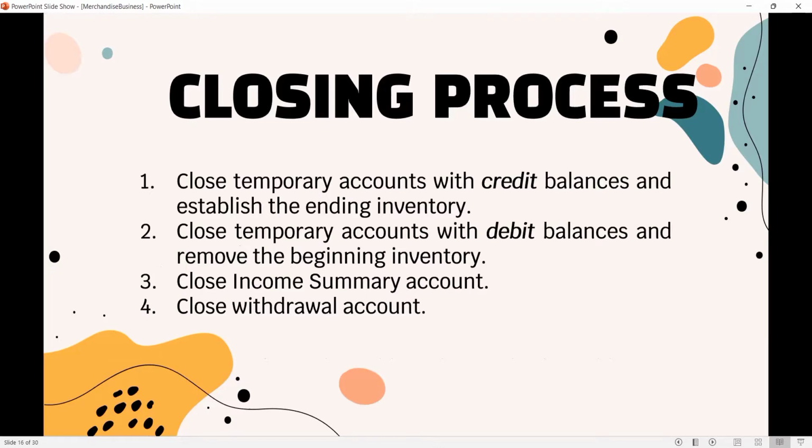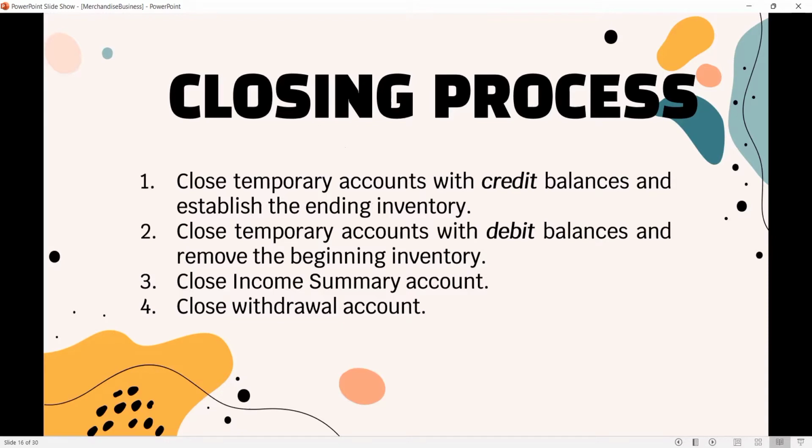In the closing process, the first thing we do is close all temporary accounts with credit balances and establish the ending inventory. Second, we close the temporary accounts with debit balances and remove the beginning inventory.